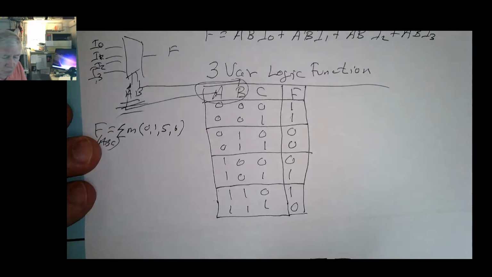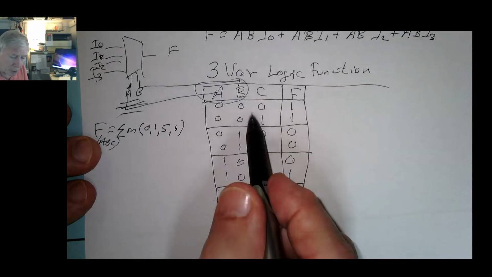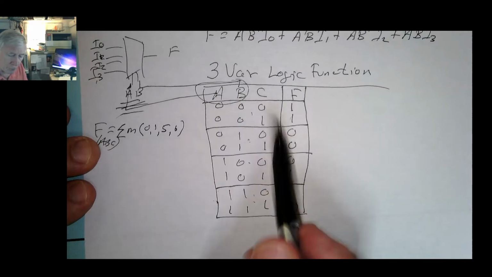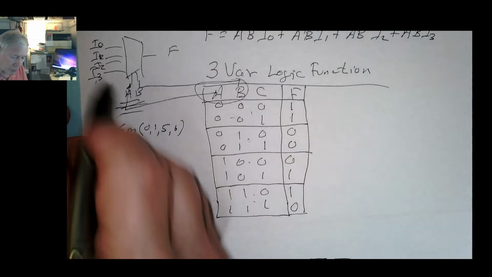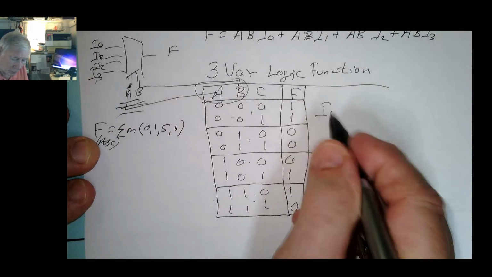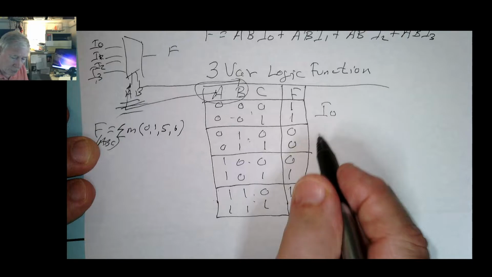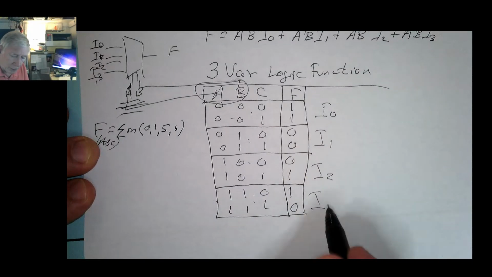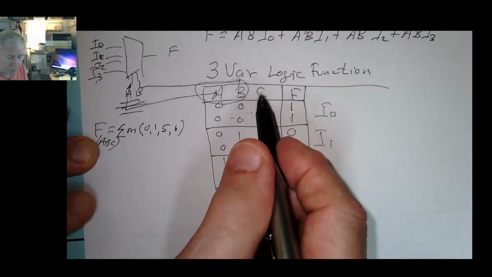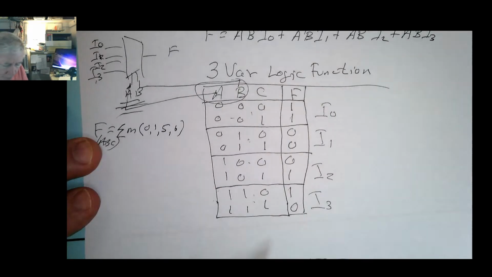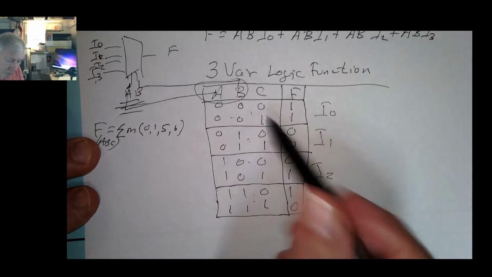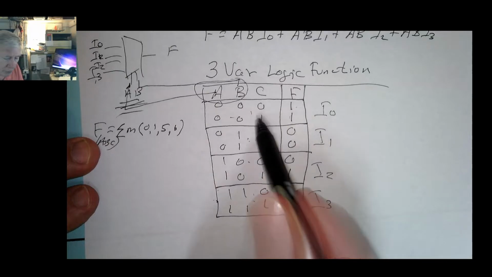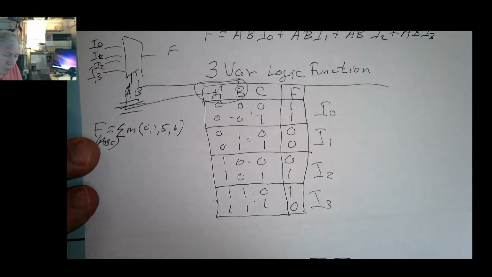Well, if you'll notice, each pair of rows corresponds to a value of a and b. The first pair, a and b, are both 0, which selects for I0. So I'm just going to write I0 out here. And then the next selects for I1, the next for I2, and the next for I3. Now we haven't brought C into bear here, but in this case, the value for F for this first pair of rows doesn't depend on C, if you'll notice, because it's 1 for both rows.